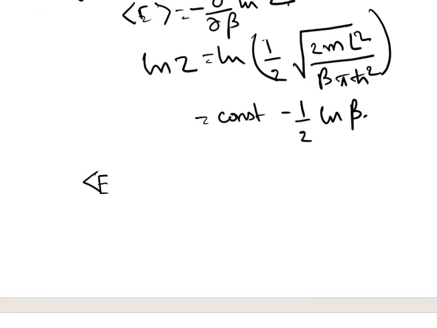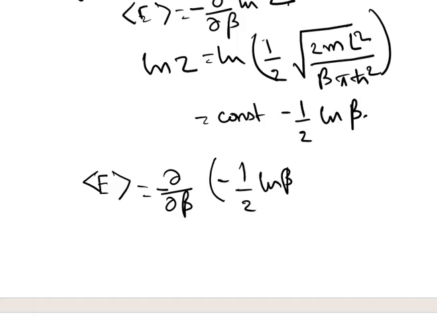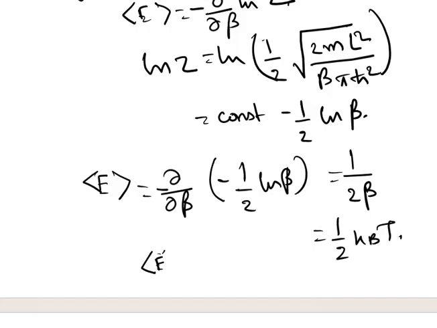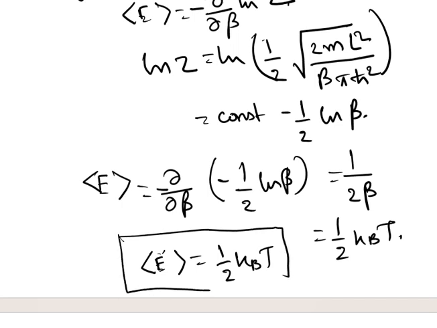So the expectation value of E will be −∂/∂β of (−half ln β), so it will be 1/(2β), which equals half k_B T. So our expectation value of E is half k_B T. This is the required answer of the given problem. Hope this is clear. So thank you for now.